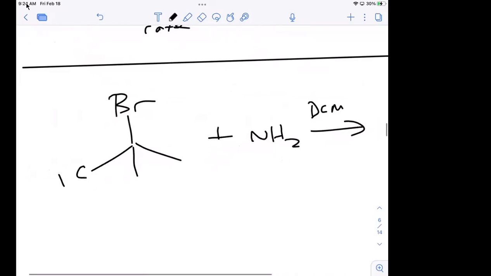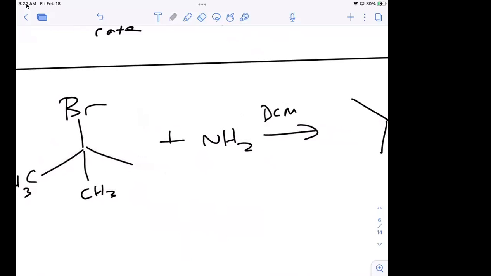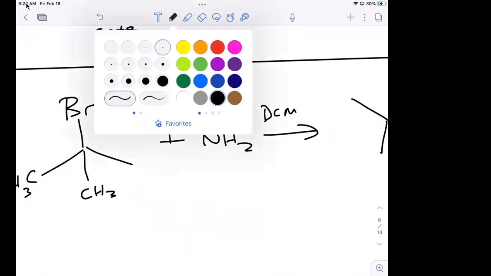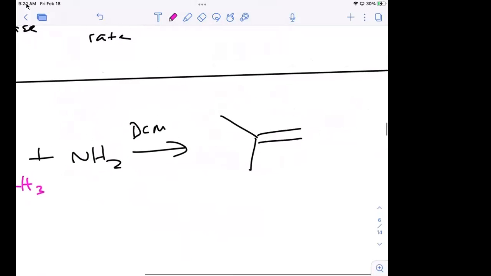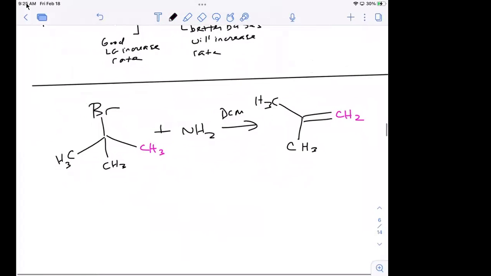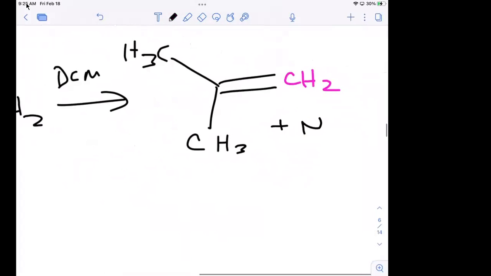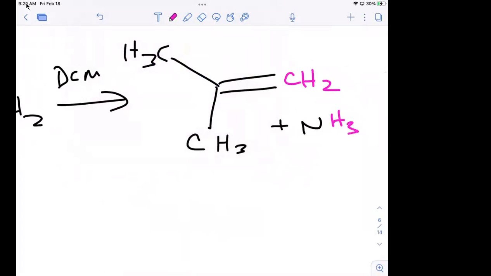Now let me put the CH3s in here. So here, let me color code one of them. Right, so that's my product plus that.